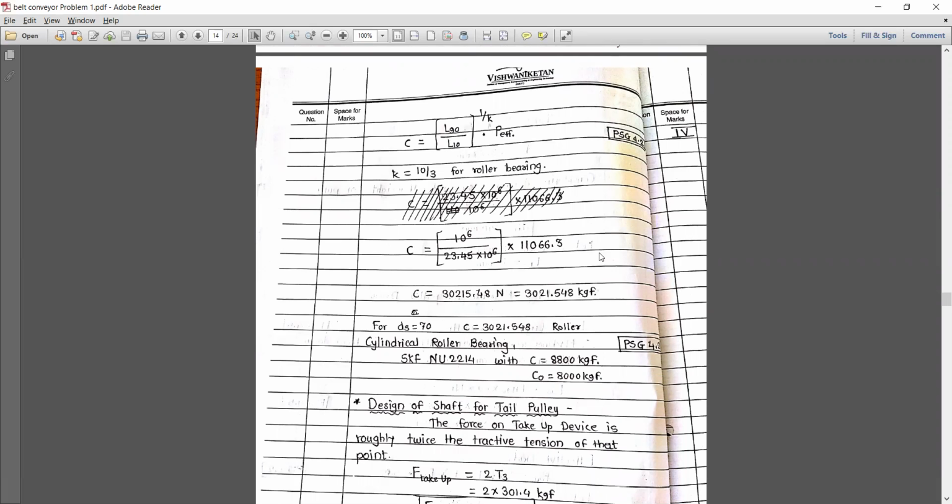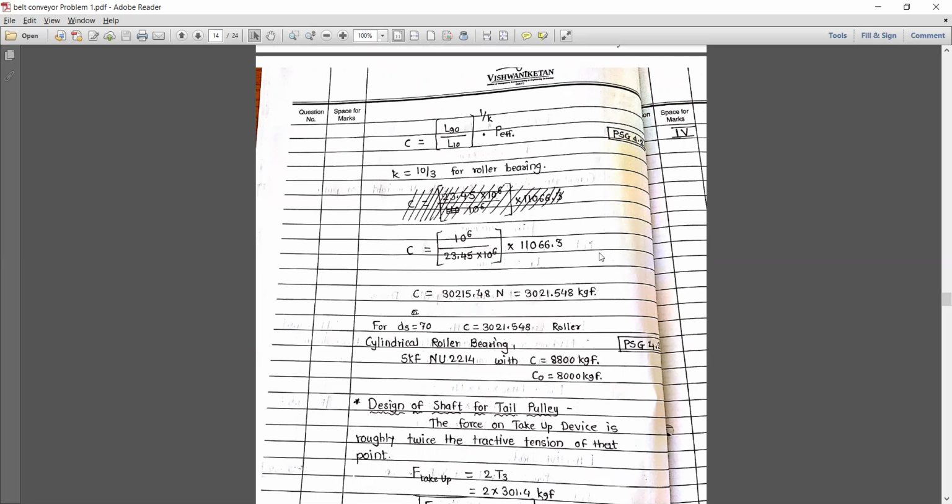Now let's calculate the value of C. C is equal to (L90 divided by L10) raised to 1 by K into P effective. Based on the roller bearing, the value of K is equal to 10 by 3. Putting all the values, C is equal to 30,215.48 Newton or 3,021.54 kgf. Referring to PSG, we consider the cylindrical roller bearing, as the continuous load is occurring only in a radial direction, rather than the ball bearing.